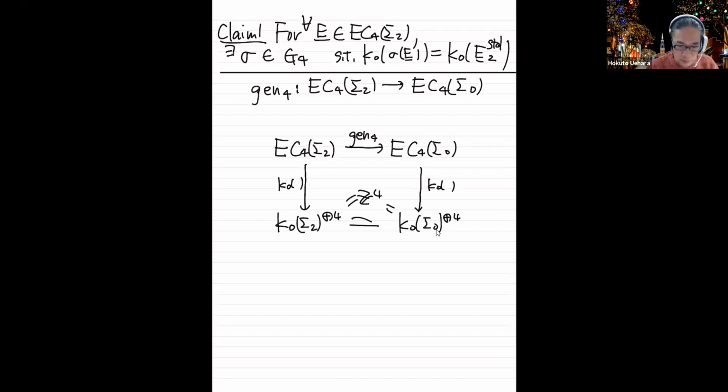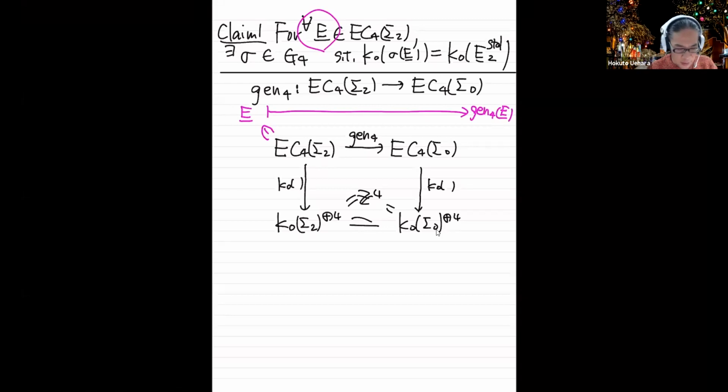And we have an exceptional collection of length 4 here. This is given. And take the image under Gen 4, E bar.